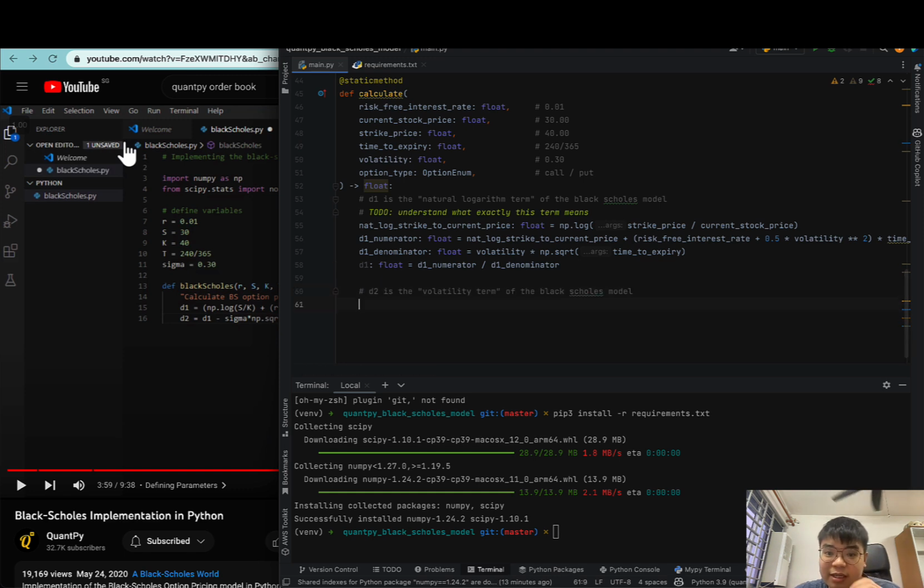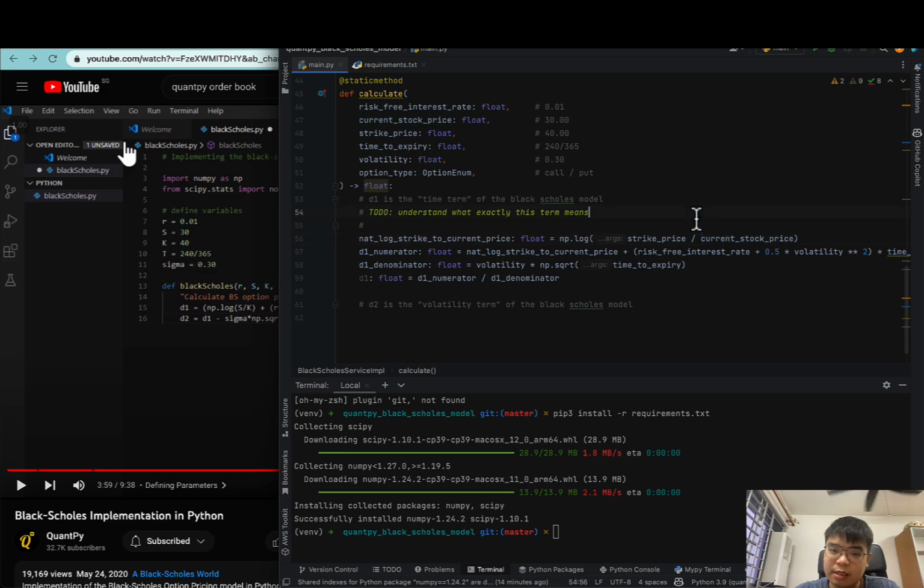And D2 is the volatility term of the Black-Scholes model. Okay, actually, let me see what time term of the Black-Scholes model. So why is this the time term? I guess technically it's kind of the time term because the current stock price is technically related to time.